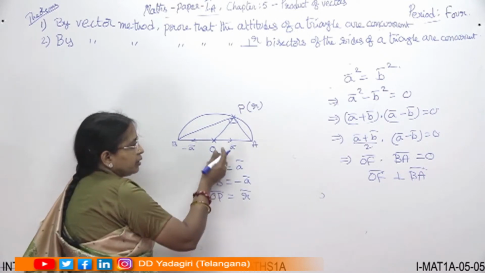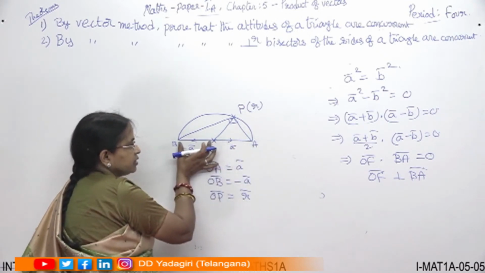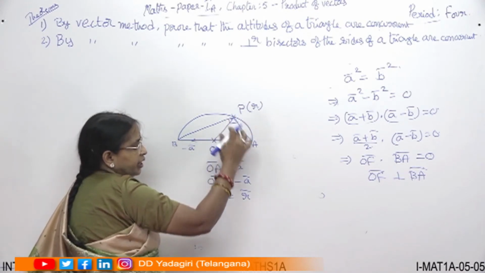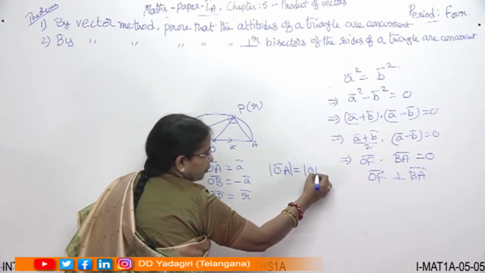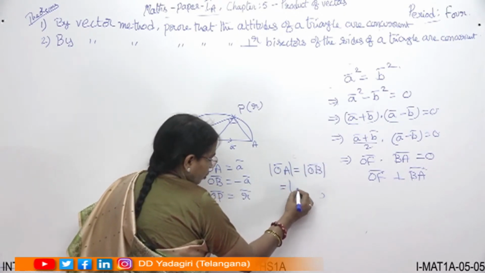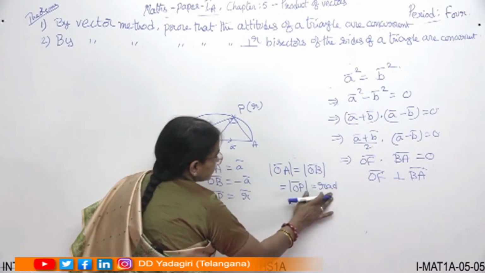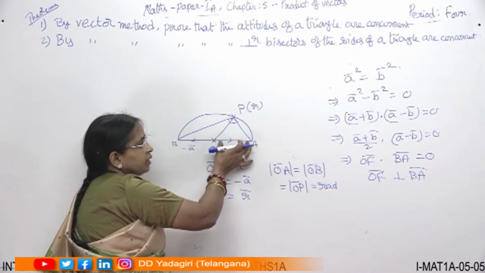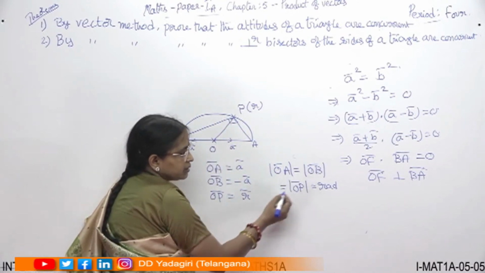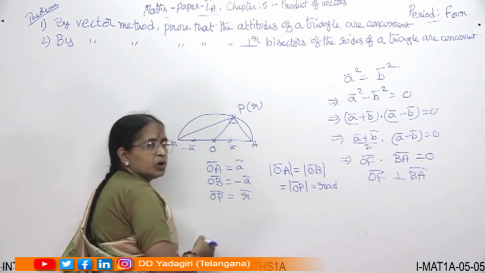Now OA is the radius. When you take lengthwise, it is the radius. This is also radius, this is also radius. So mod OA is same as mod OB is same as mod OP, which is equal to the radius of the circle. So all these are equal to the radius.